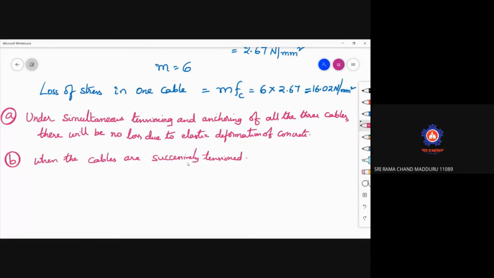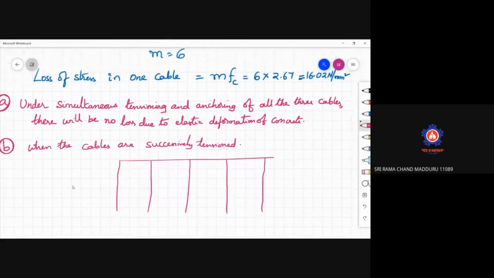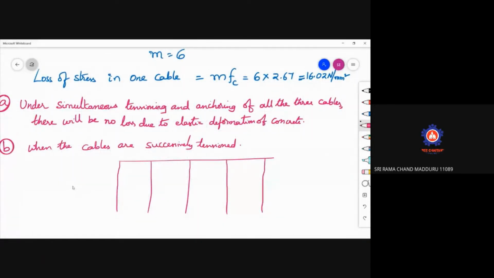So when they are successively tensioned, that is one by one, one over the other, I will just prepare a table form. You also should maintain this table. First of all just understand, then you will do that one. The loss of pre-stress in each cable is 16.02. Remember this value. This is 16.02.